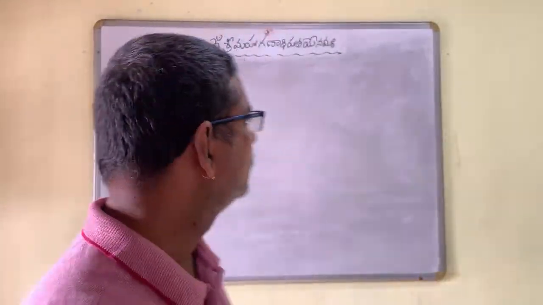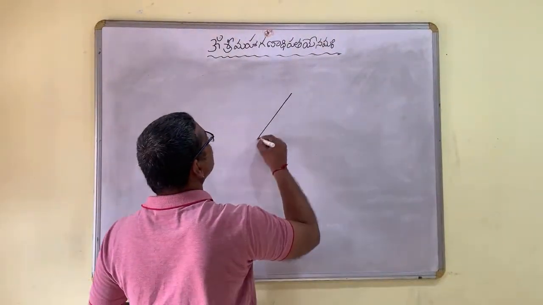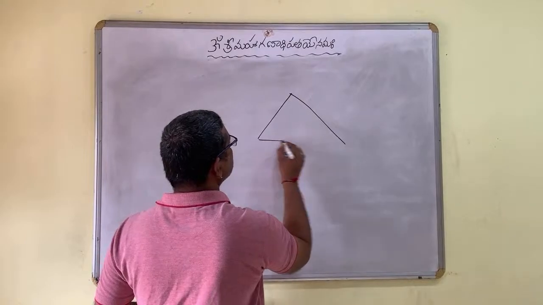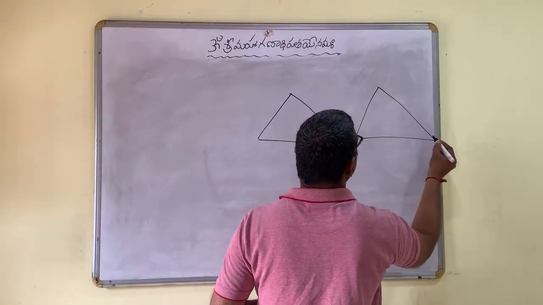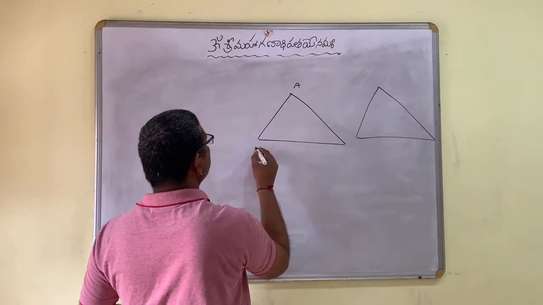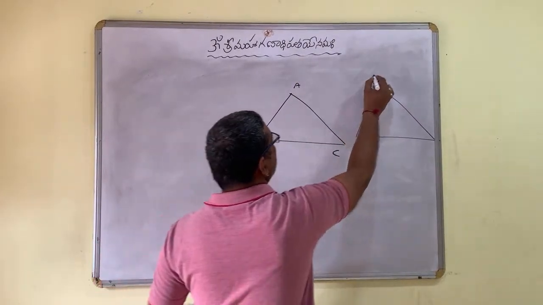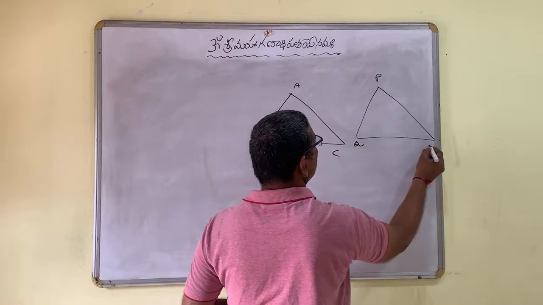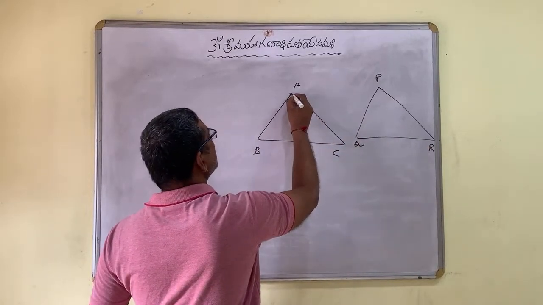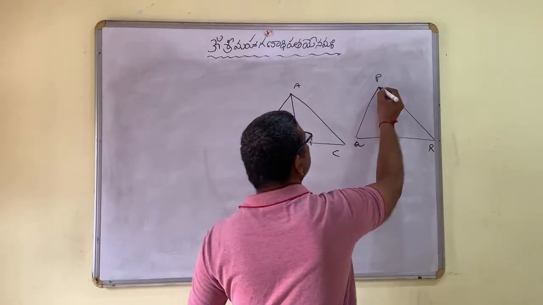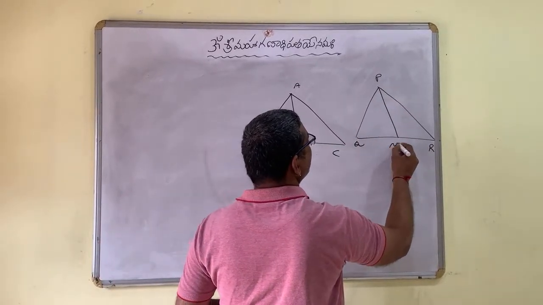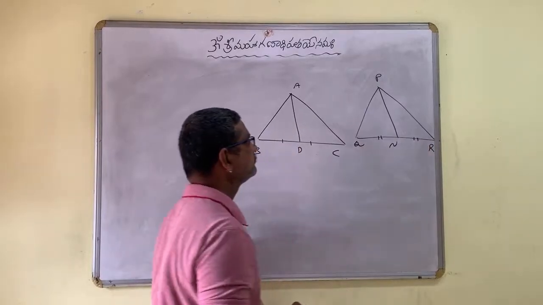Show that there are two triangles, ABC and PQR. AM is the median of this triangle. PN is the median of this triangle.